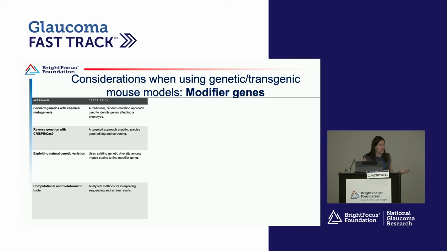Probably my favorite way to identify modifier genes is actually just using the natural genetic variation in inbred mouse strains. So you have this existing genetic diversity among these individual mouse strains that can help you identify the modifier genes if done correctly. And there's a whole litany of computational and bioinformatics tools that you can use to help identify these genes in these studies.